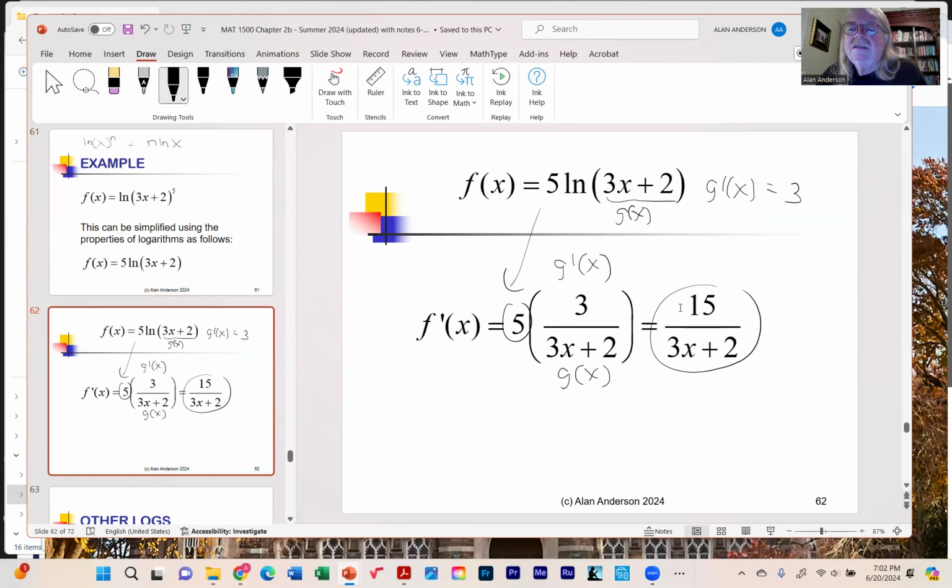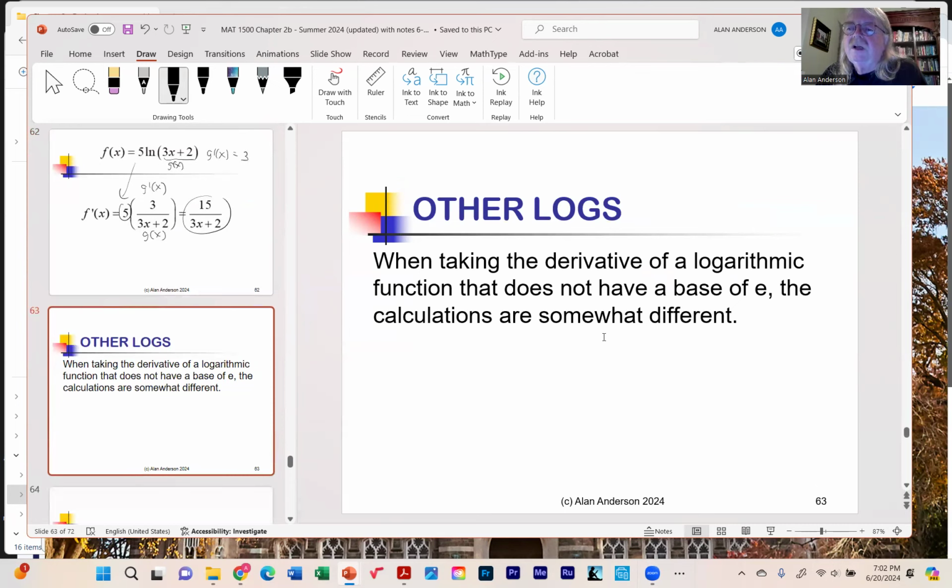All right. Now, what about the other logs? I started to mention this before. Log 10, log 2, whatever it is. The calculations are slightly more complicated, not much. So here's how it works.